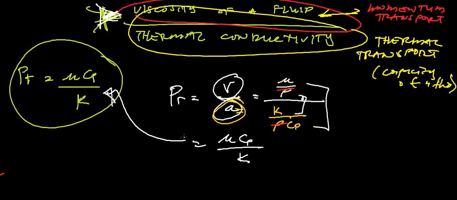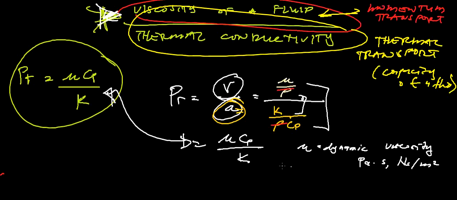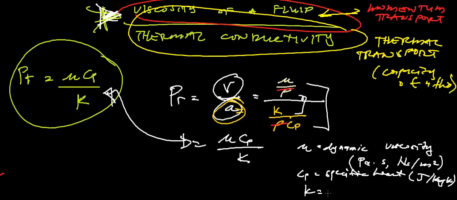So this now is our derived formula for the Prandtl number, wherein mu once again is the dynamic viscosity, Cp is our specific heat, which can be in joules per kilogram kelvin, and k is of course our thermal conductivity.